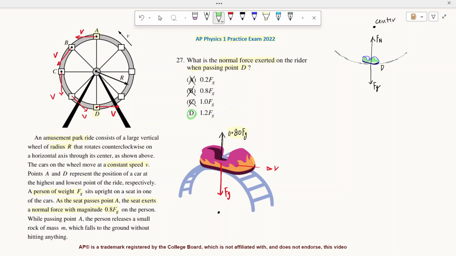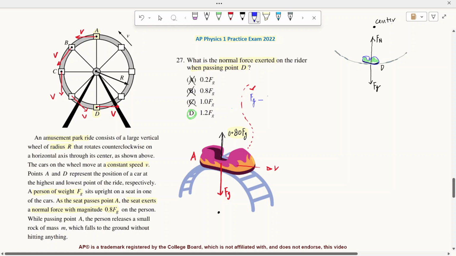But if you stick with the video, I can quickly show you how it is. So let's start from the point A, because I will try to find out the speed. At the point A, at the highest position, the net force is the force of gravity minus 0.80 Fg, and that is providing the centripetal force, right?